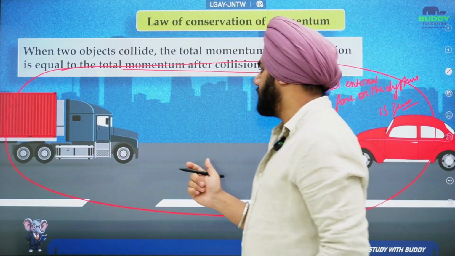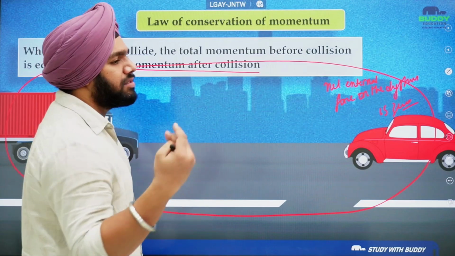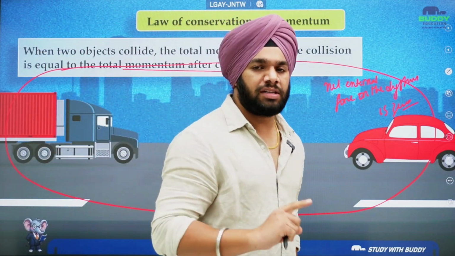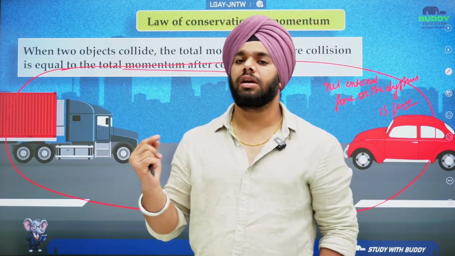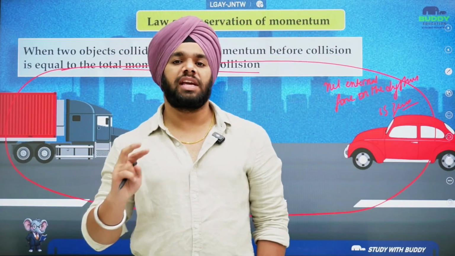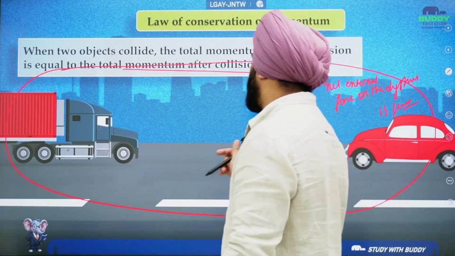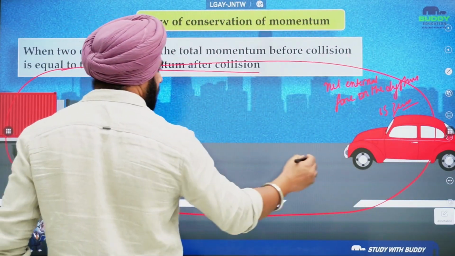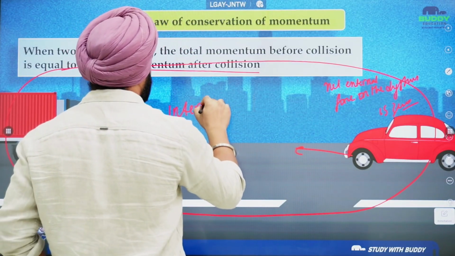But if I take truck and car to be the system, the force exerted by the car on the truck and the force exerted by the truck on the car will become part of the internal forces, because now this force is acting within the system. So they will be considered internal forces.